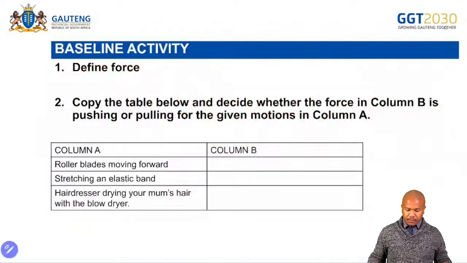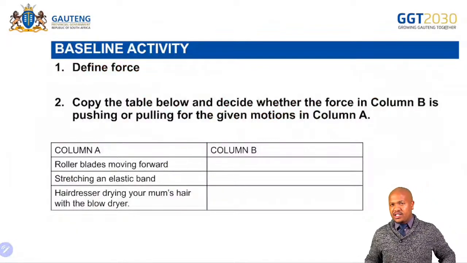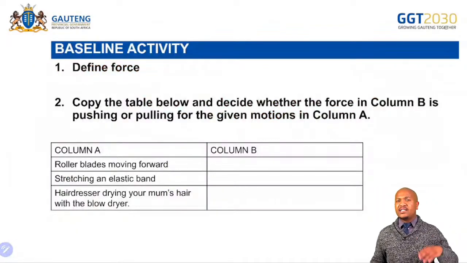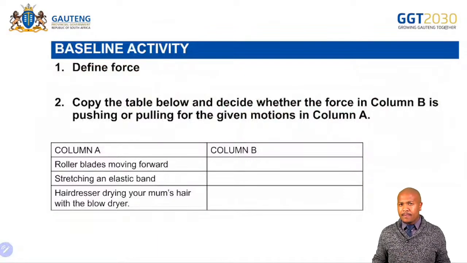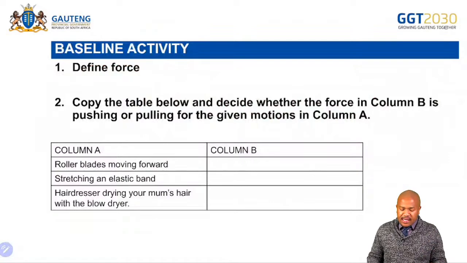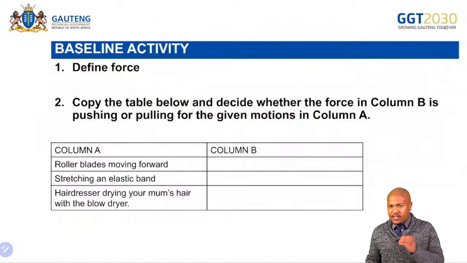Now let's look at our baseline activity. We need to write down this baseline activity so that we can test how far we understand so far. Number one says define force.